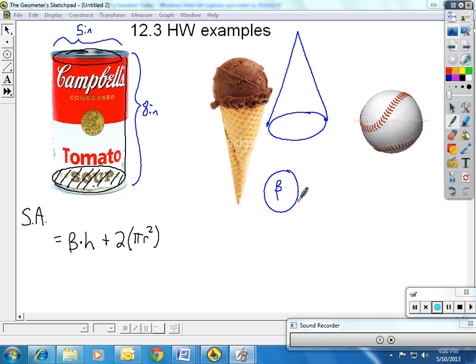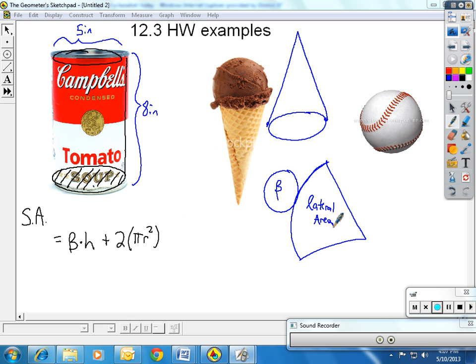And then what I get is this strange looking figure. So if you can imagine, this is the lateral area. And it's curved. If you can imagine me rolling this up into the cone there, I would have a cone.